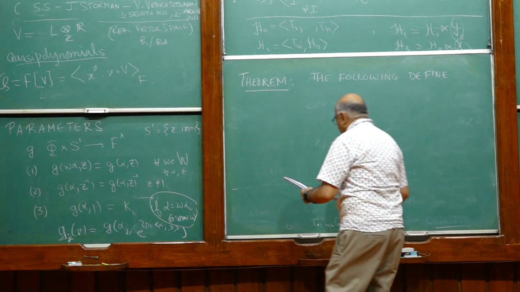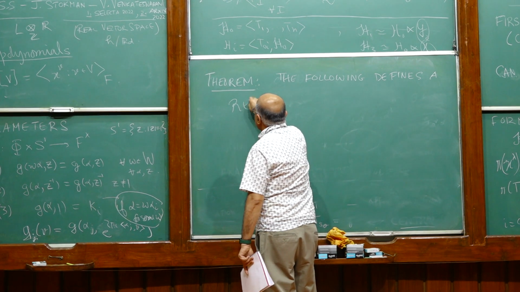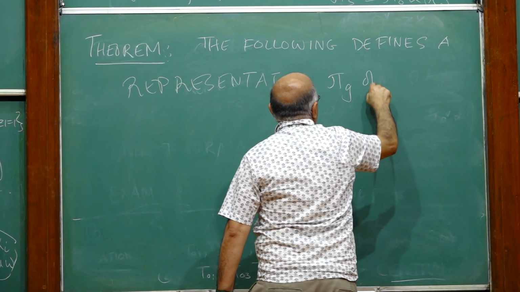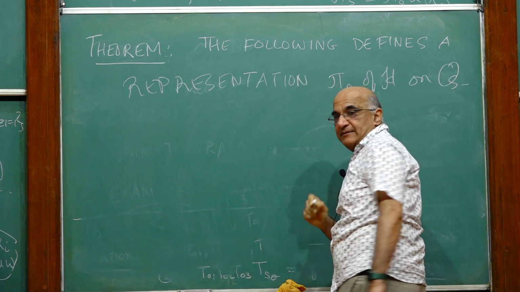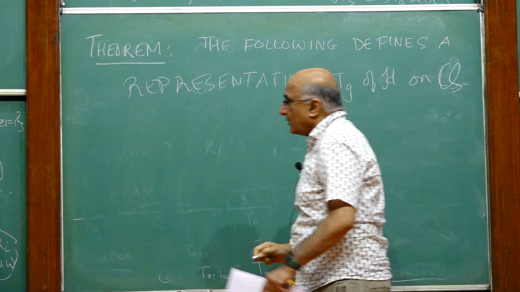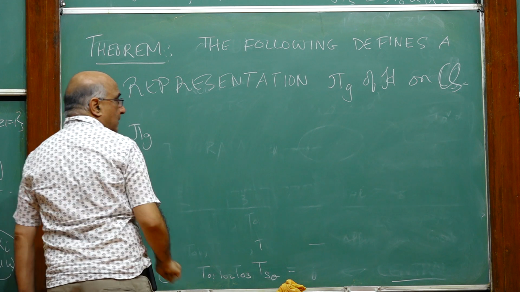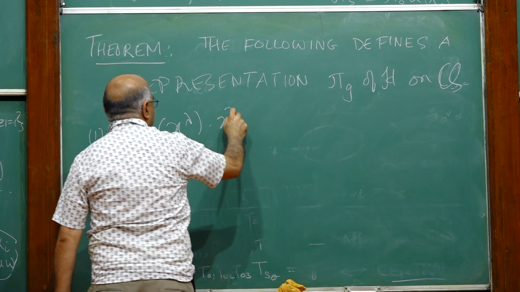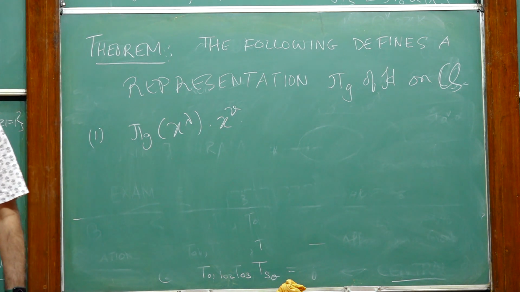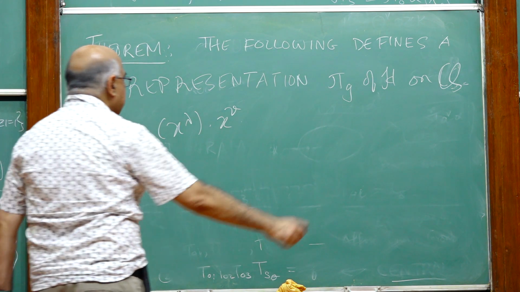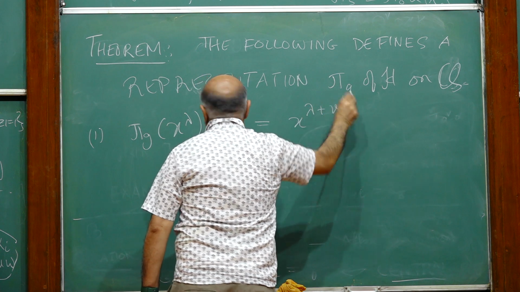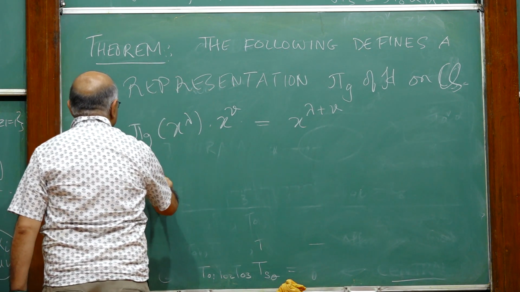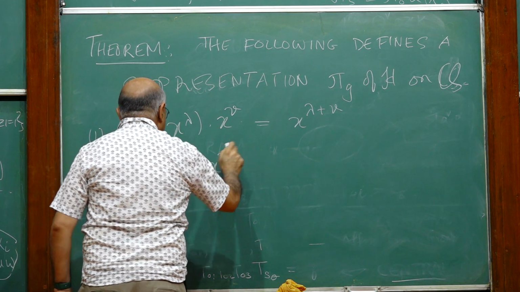So the following defines a representation pi g of the Hecke algebra on the space of quasi-polynomials. The elements x to the v are elements of this space, and it acts by translation. What is pi g of t i acting on x to the v?